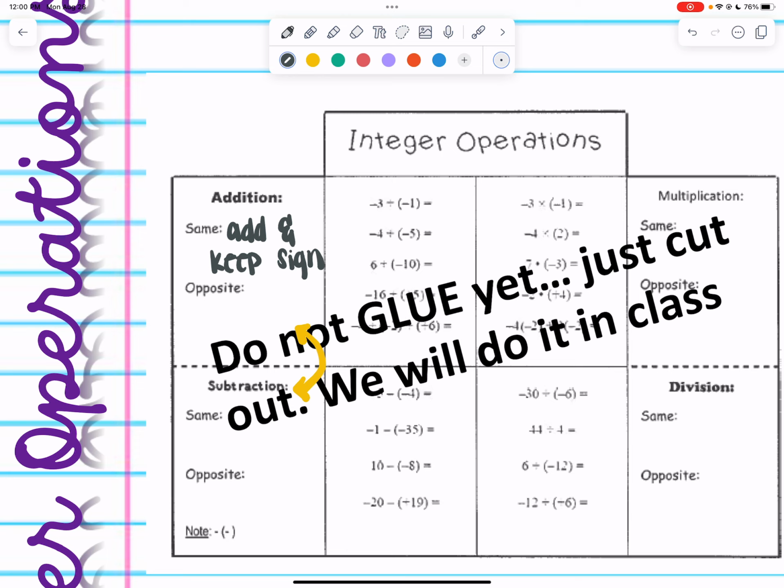Same thing for subtraction. Add and keep the sign. If they are opposite signs, you are going to subtract and keep the sign of the bigger number.